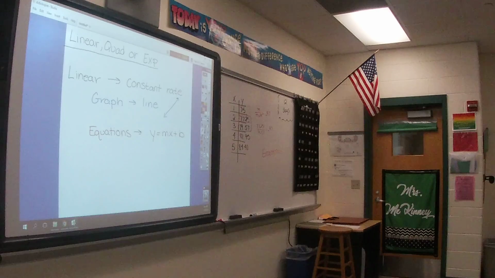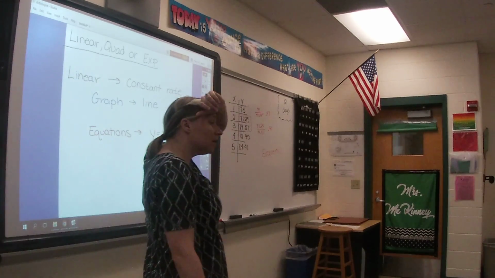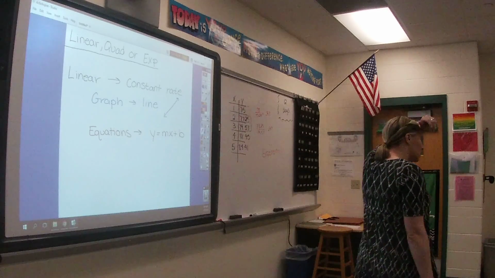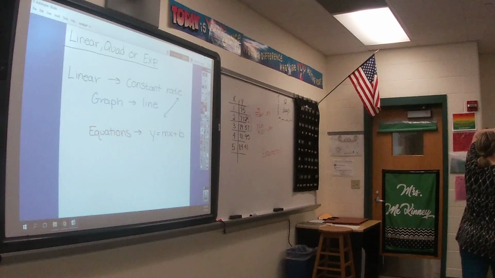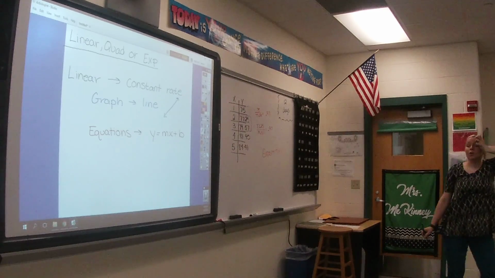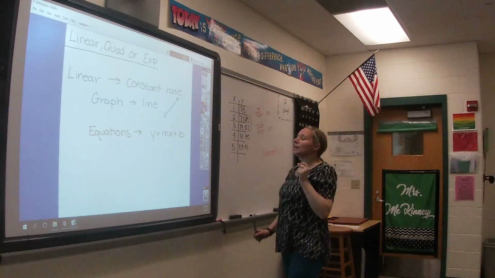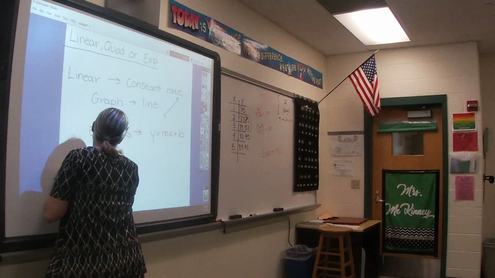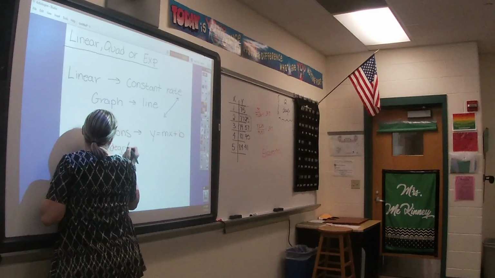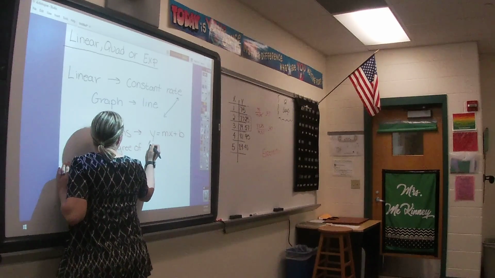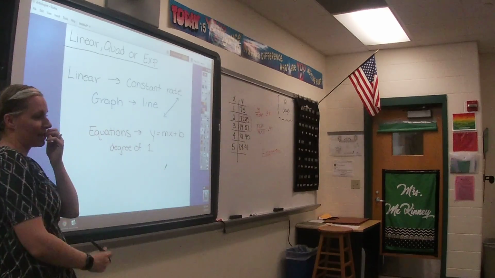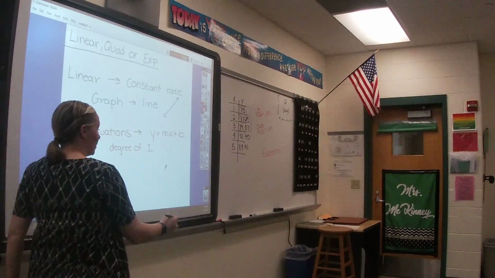Now, we said there were other ways to write linear equations: point slope form, standard form. But the key always came back to the equation having a degree of 1. Holy cow, that's our polynomials unit. What does a degree of 1 mean? Just x, right?